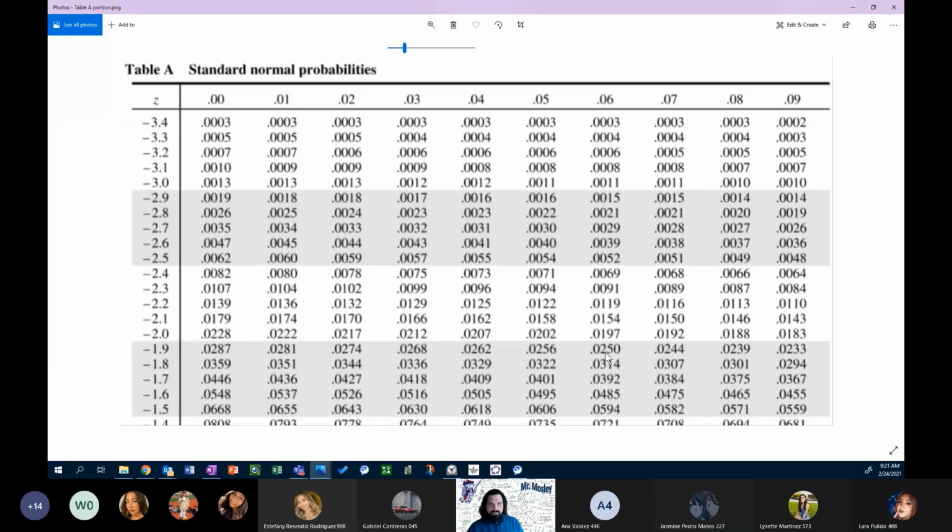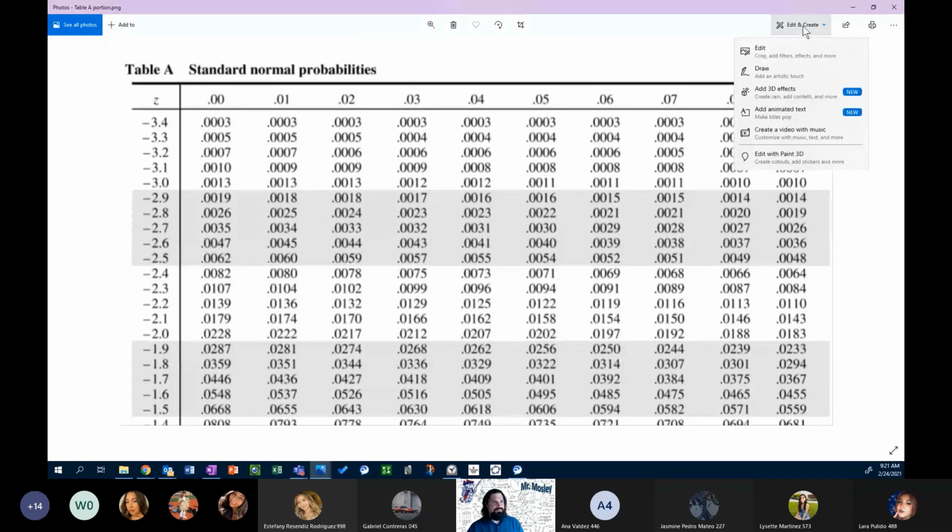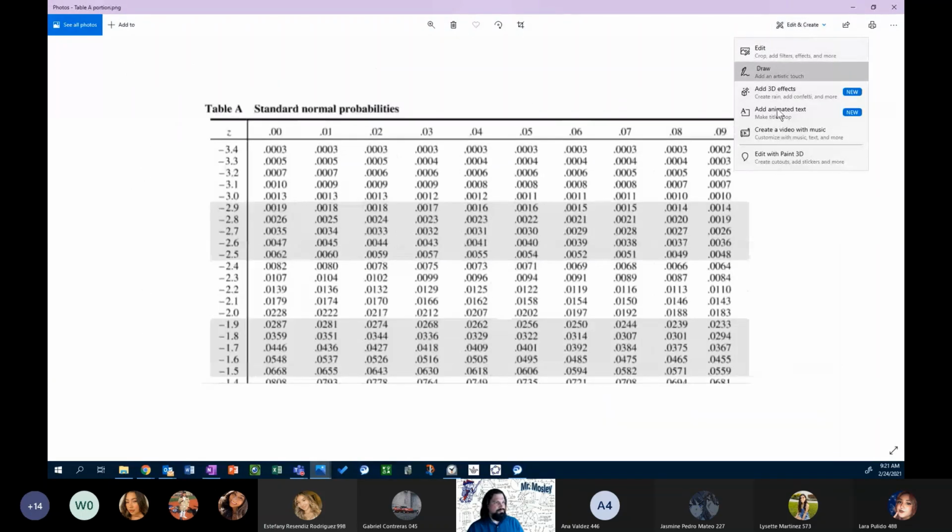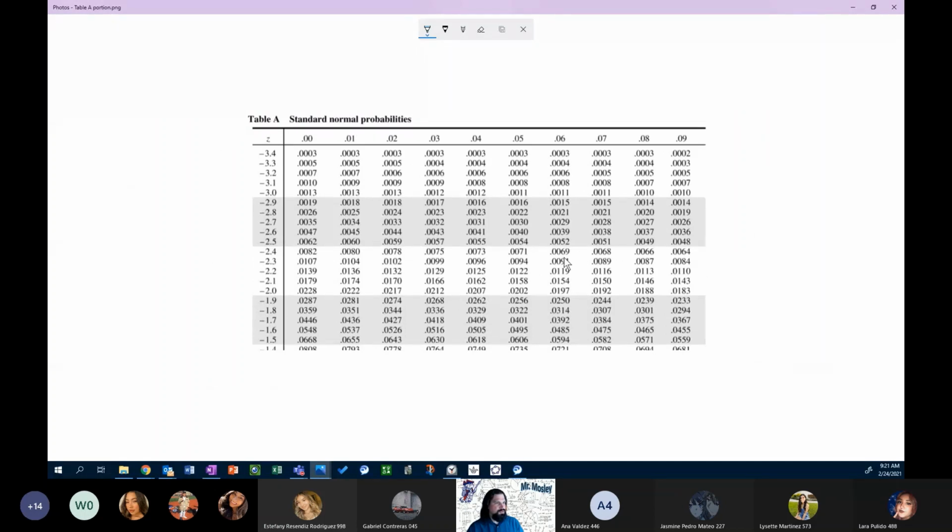We get exactly 0.025. Right here, right? And that corresponds with the negative 1.9, right? And the 0.06, right?